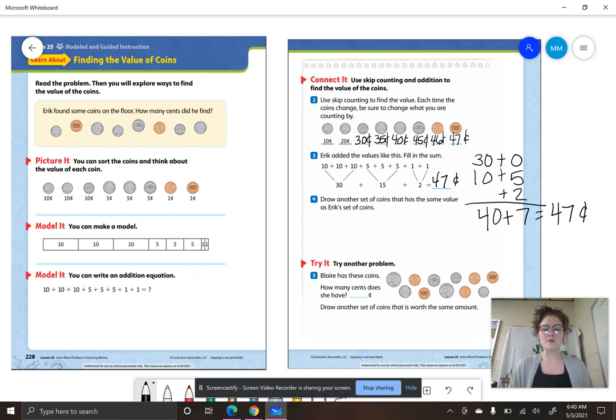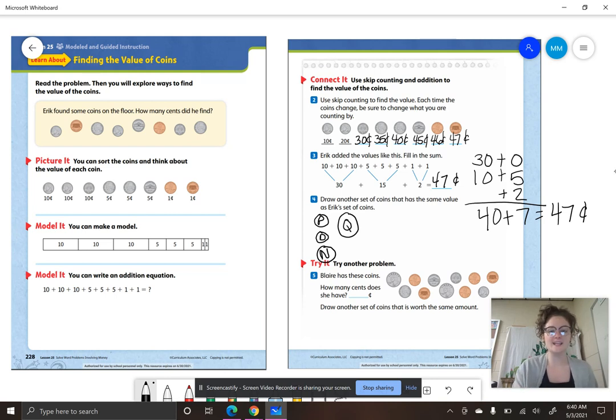All right, number 4 says, draw another set of coins that has the same value as Eric's set of coins. Ooh, all right. So here's what we're going to do. We are going to show our coins like this. So we have a penny, dime, nickel, and quarter.